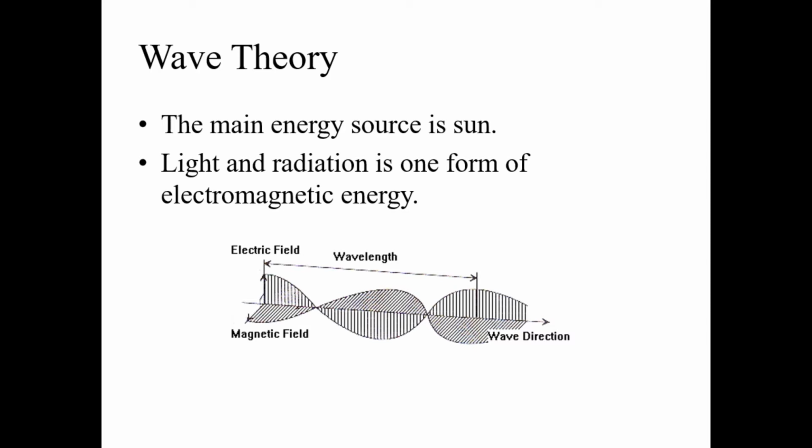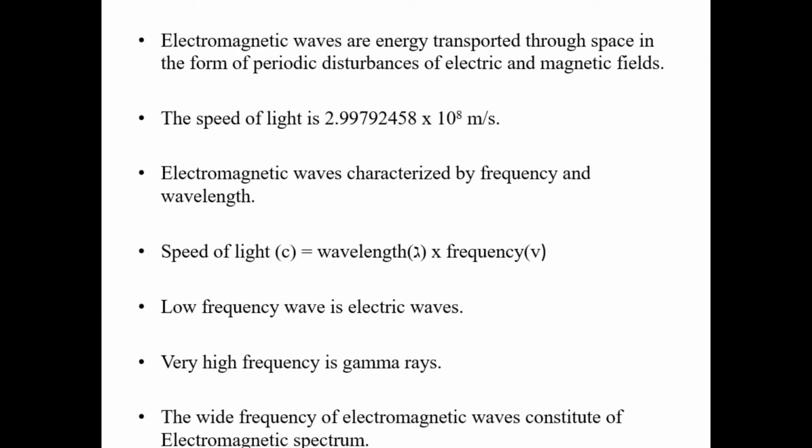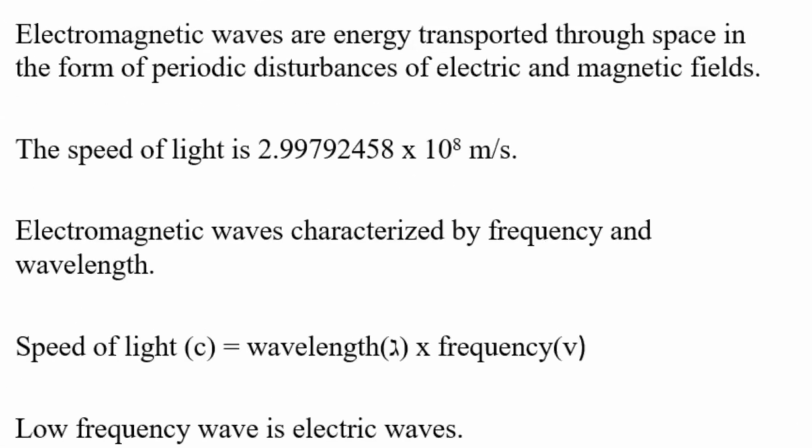The electromagnetic energy can be described in terms of its velocity, wavelength, and frequency. All electromagnetic energy travels at the speed of light, which is approximately equal to 3 × 10^8 meters per second.